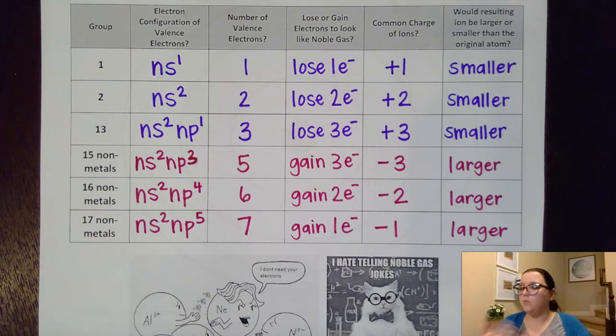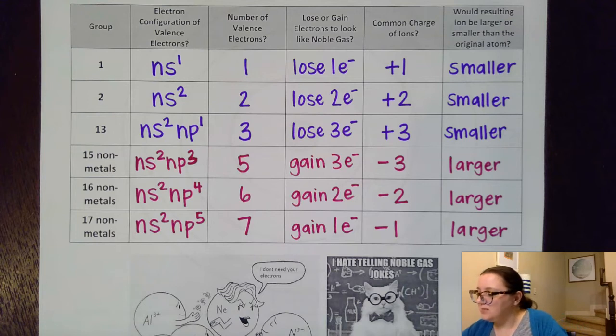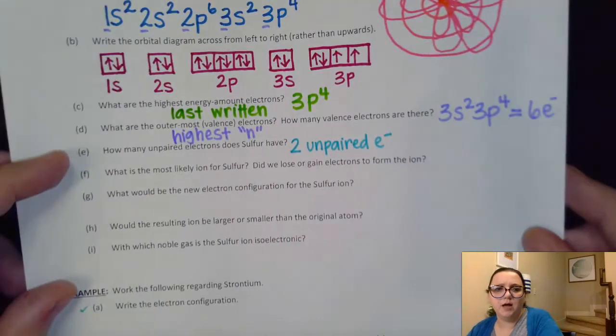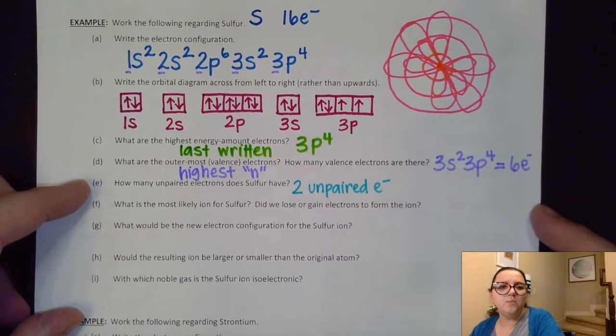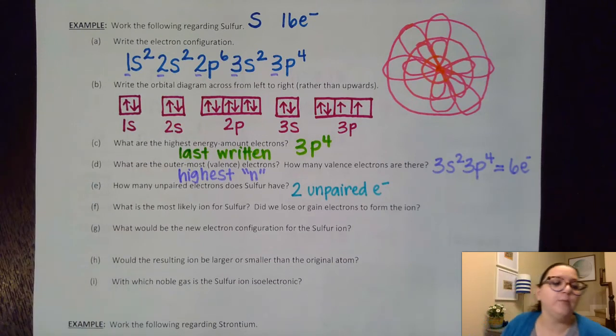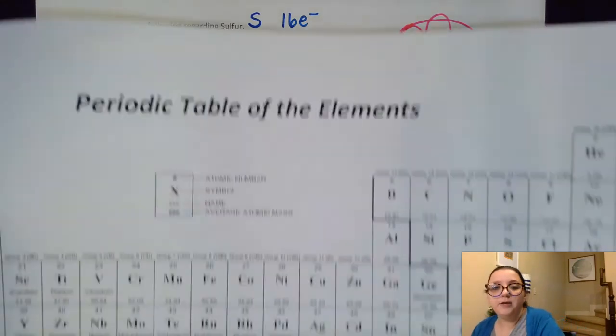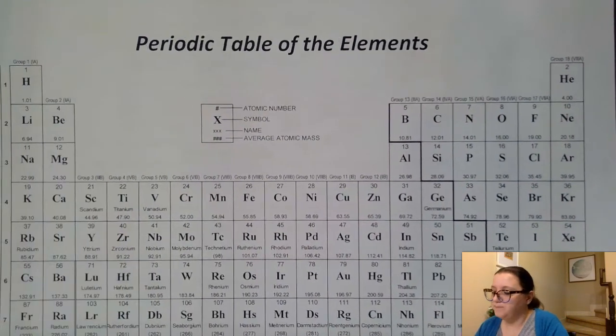So now, with all that said, let's go back to the examples that we saw on the previous page for a moment and see what those ones would do when they become an ion. So we're first going to go back to our sulfur example. Now I'm going to actually look at a periodic table with sulfur on it.